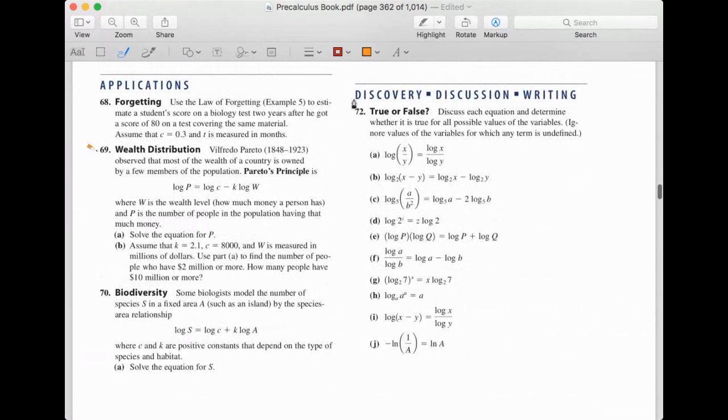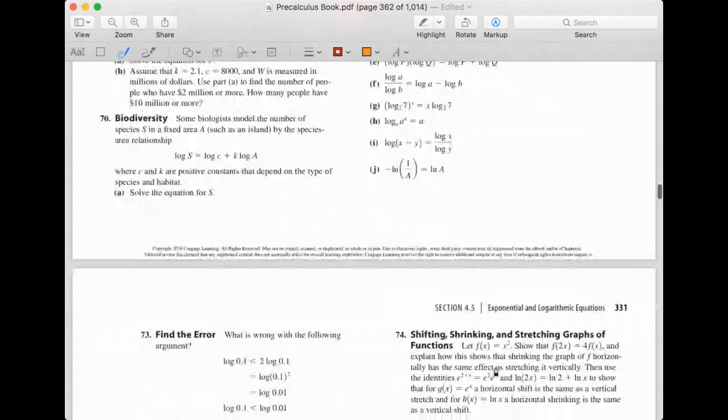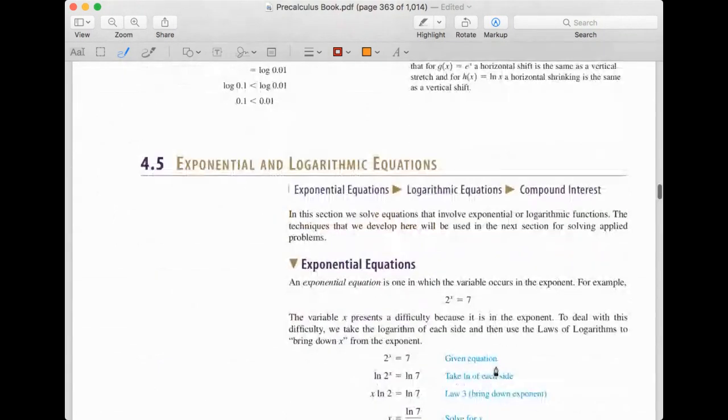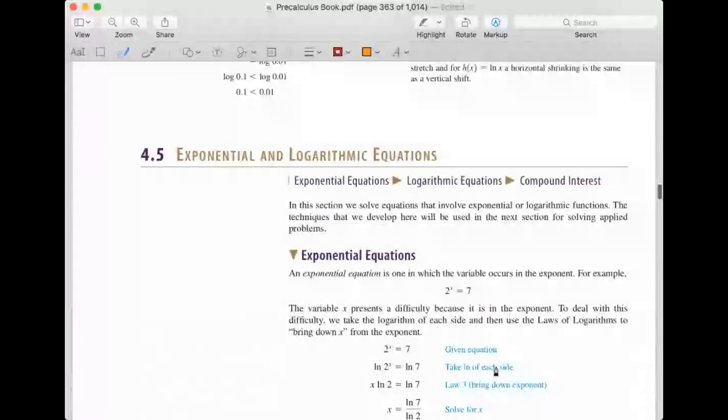This is good because this is some confusion, the common mistakes. Afterwards, I'll talk a little bit about exponential equations and logarithm equations, how to solve those two kinds of equations.